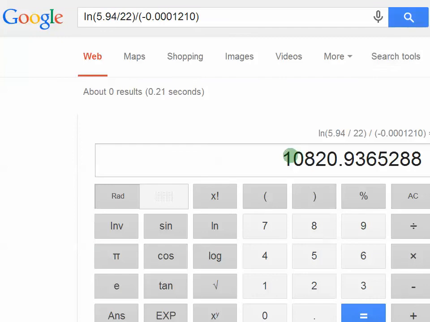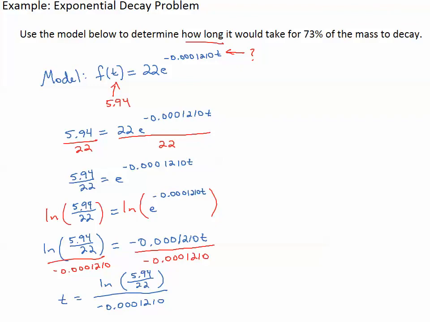And it looks like we get approximately 10,820 years. Time in this problem, remember, is measured in years. We know that because, remember, in the initial problem the half-life was measured in years as well. So it takes 10,820 years for 73% of the mass to decay.